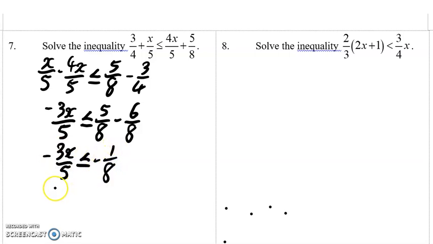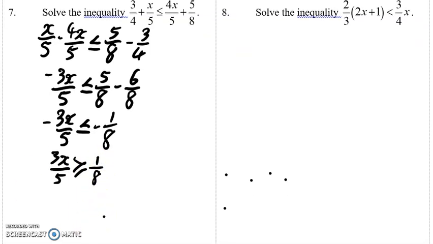This means 3x over 5 will be more than or equal to 1 over 8. And so for 5 and 8, LCM will be 40. So if I multiply it accordingly, this gives me 24x will be more than or equal to 5. So x will be more than or equal to 5 over 24.